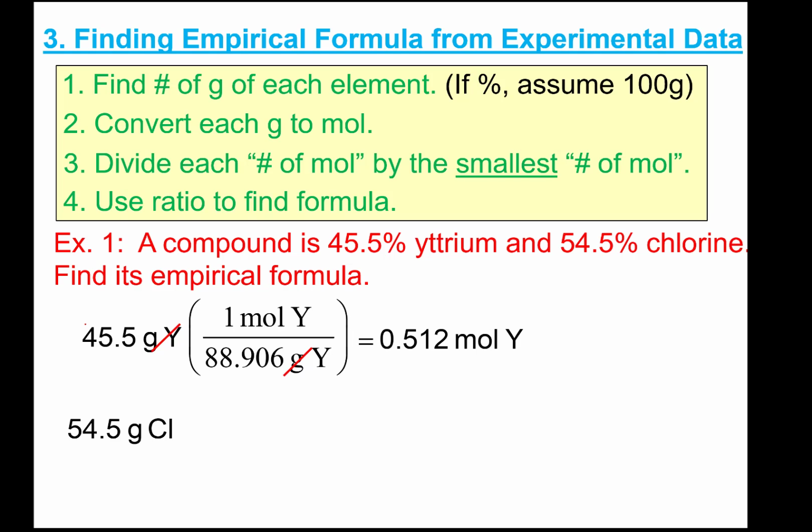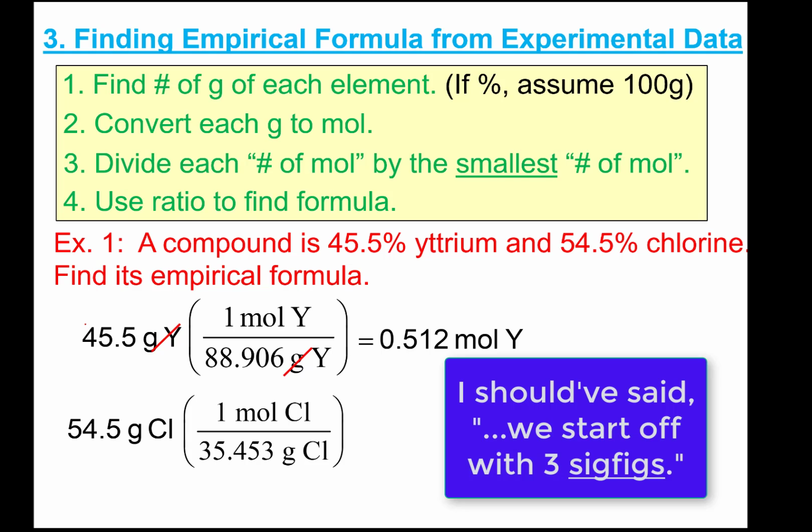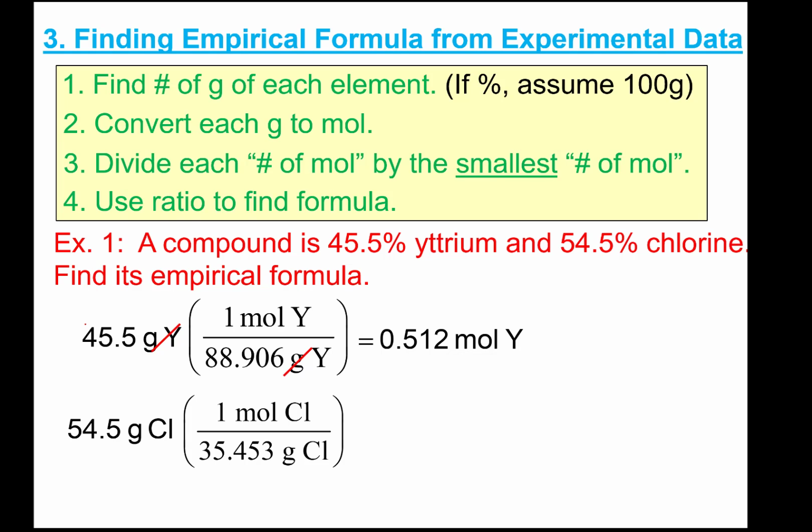When you do this, I want you to go to at least 3, if not 4 decimal places. The reason we're going to 3 decimal places here is because we start off with 3. To avoid any issues with rounding, it's better to go to an extra number. So I recommend that you do that.